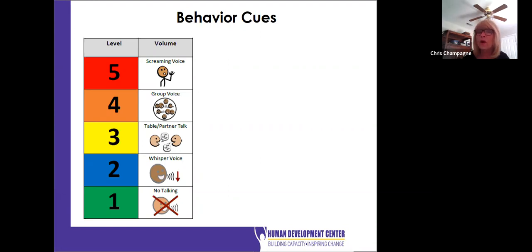You want to make sure they're always the same. So green, 1 is always green, 2 is blue, 3 is yellow, 4 is supposed to be orange, but it depends on your computer how orange you get, and then 5 is red. So you always want those to stay the same so that when you're teaching that for different behaviors, there's some consistency to it.